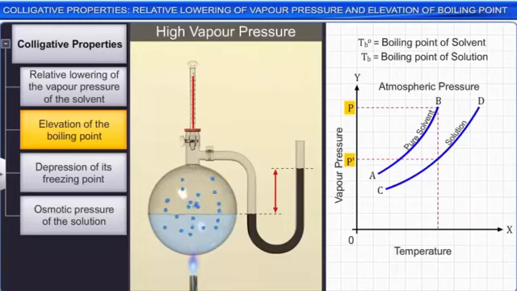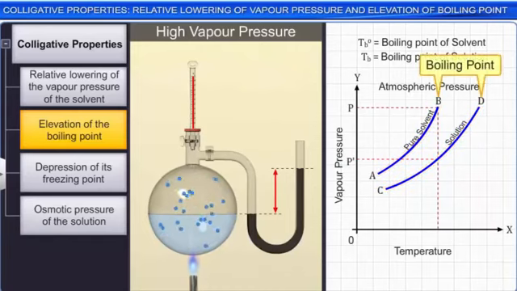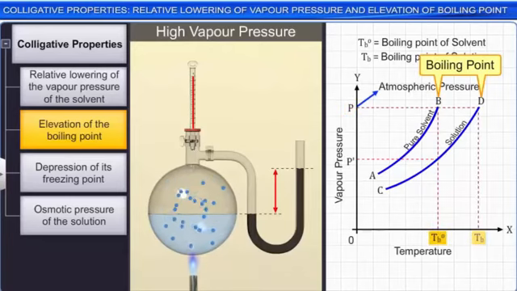Therefore, the curve corresponding to the vapor pressure of the solution lies lower to that of the pure solvent. The temperatures at which the vapor pressure of the solvent and the solution become equal to the atmospheric pressure are Tb0 and Tb respectively.